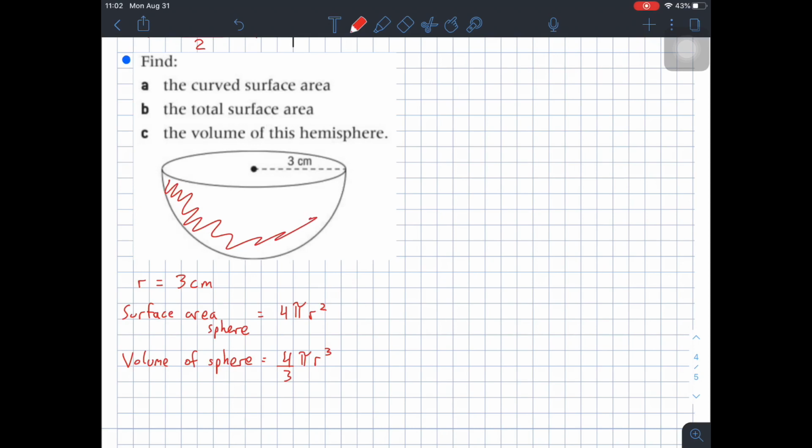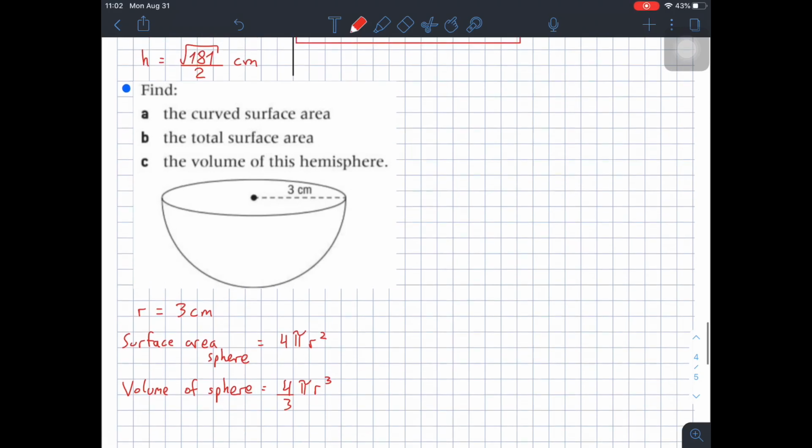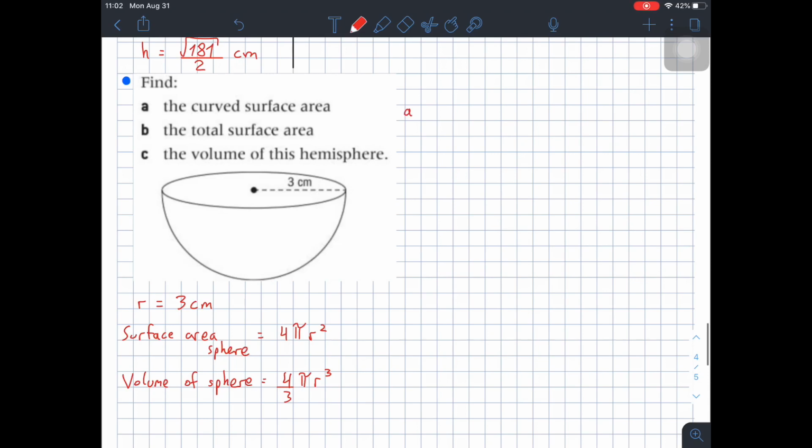Okay, so if I want to find the curved surface area, the curved surface area would be only this part over here, the curved part. We're discarding this part over here because that's not the curved surface area. So the only thing we need to do is use half of this value. So it's this formula divided by 2, right? So let me write that here for part A. Curved surface area is 4 times pi times r squared.